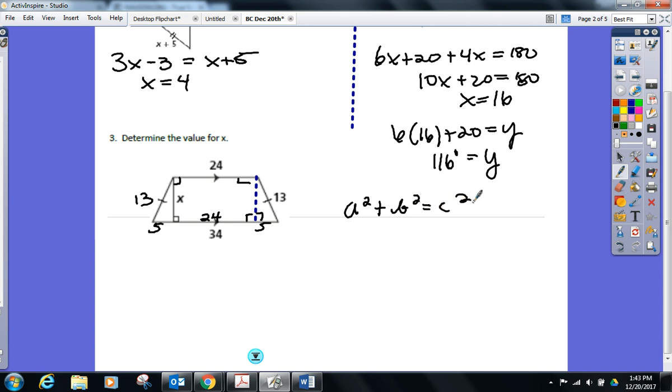Yeah, Zach. Could you use cosine? What do you mean? You're going to have to further explain to me. Like cosine, adjacent over hypotenuse?